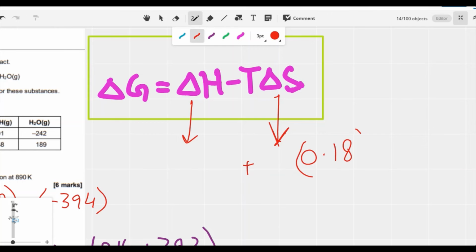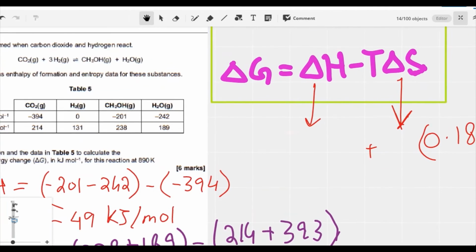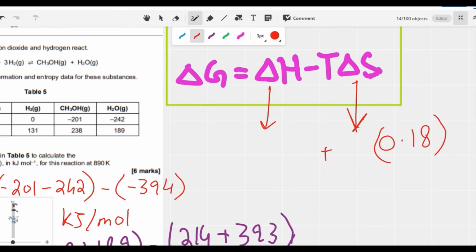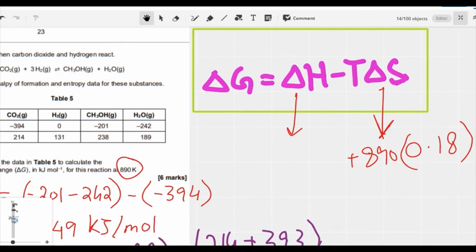And the temperature, that is 890, here you can see, while the enthalpy change is minus 49. Okay, so 890 times 0.18 minus 49.